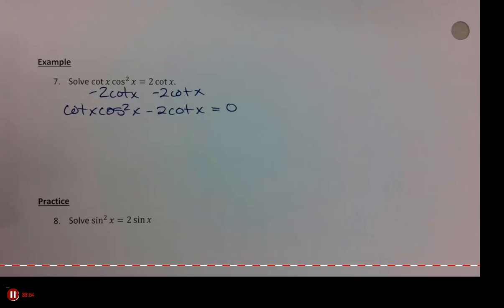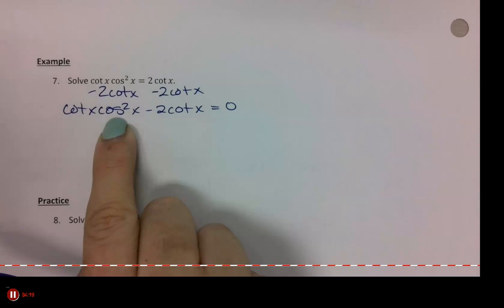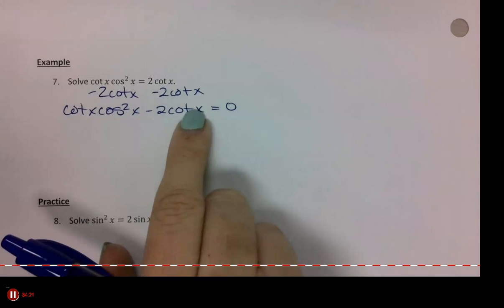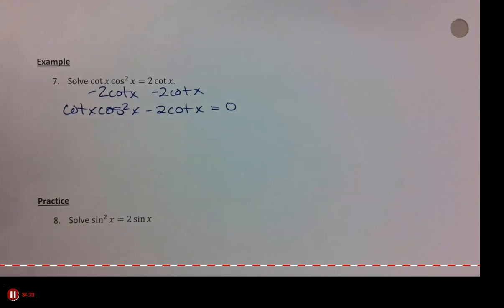Okay, any ideas on what to do next? You told me to move it. I can't because this one's being multiplied by cosine, and this one's not, so I can't combine them. What other ideas can I do?